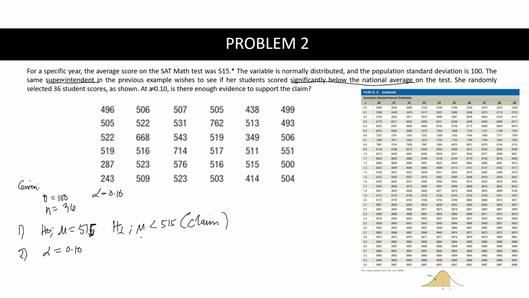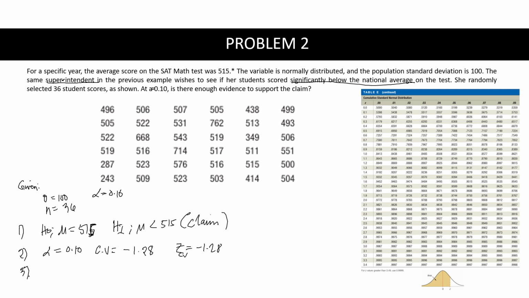So if we locate it in the table, we have here a critical value of negative 1.28. Imagine that this is a critical value, our z critical value is negative 1.28.